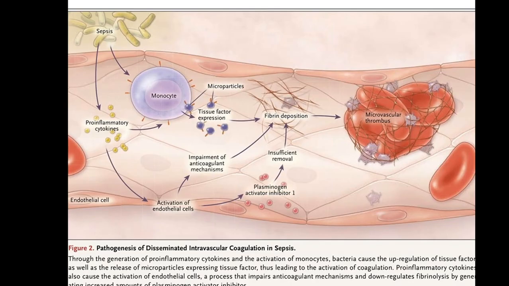And here is the pathogenesis of how DIC syndrome may develop due to sepsis. You see, sepsis can increase pro-inflammatory cytokines, which enhance monocyte action and result in destruction of the endothelium and cause plasminogen activator inhibitors, insufficient removal of fibrin, and fibrin deposition.